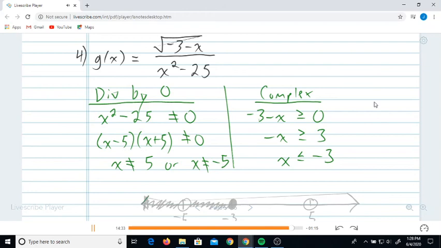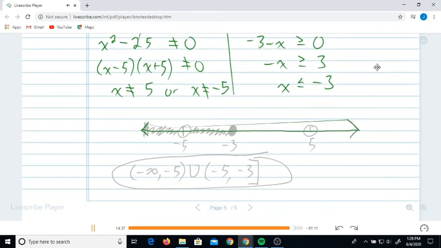So let's go ahead and summarize all this on a number line. So we got negative 5 and positive 5. Both of those are open circle, because we cannot include those numbers, they cause division by 0. We got negative 3, which is a closed dot, because we can input negative 3 if we so desire.